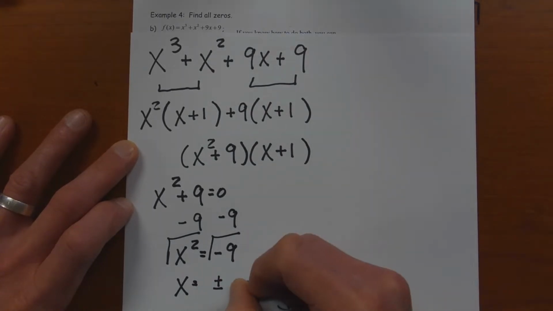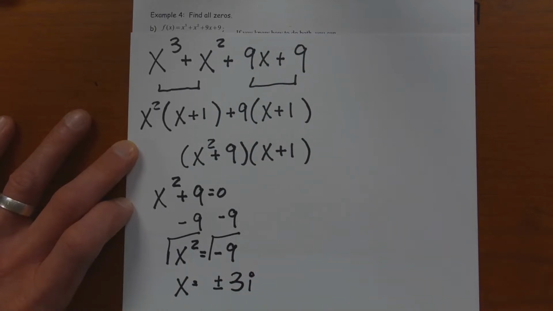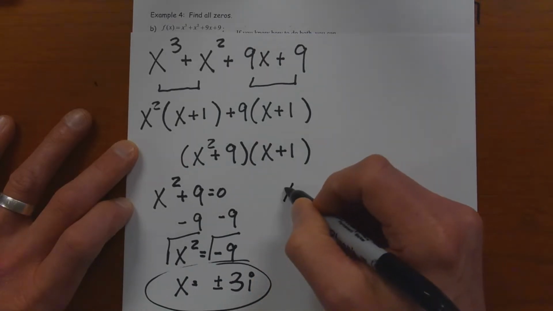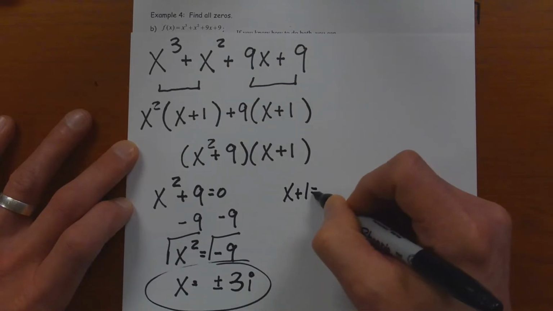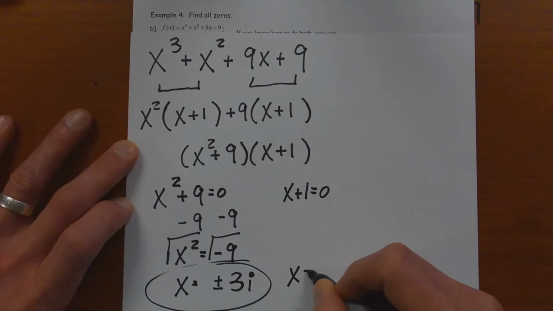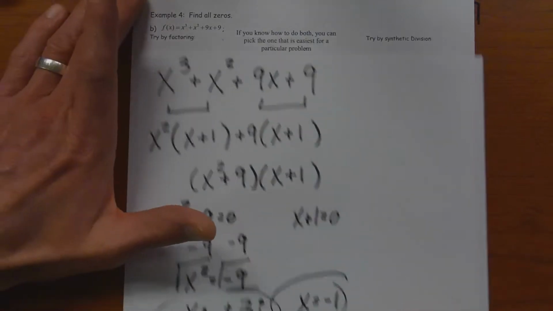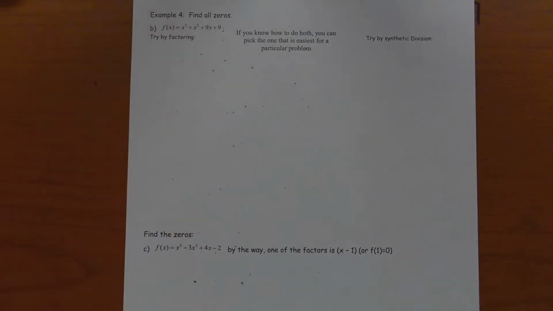The square root of positive 9 is 3, but the square root of negative 9 is 3i. There's 2 of our zeros. The other one's here. If you set x plus 1 equal to 0 and solve, we would get negative 1. So we've now found all the zeros by factoring.